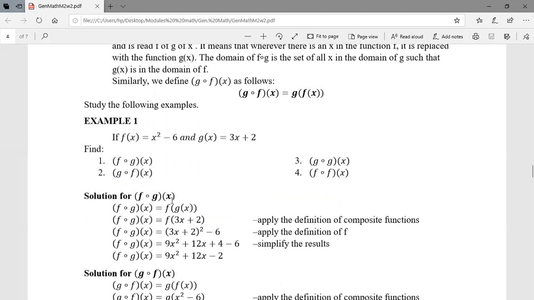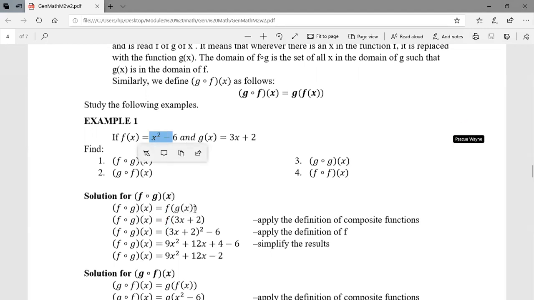So for the solution of f of g of x, our g of x is 3x plus 2. So we put it here: f of 3x plus 2. Our f of x is x squared minus 6.